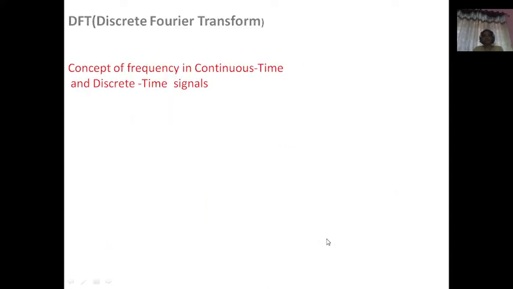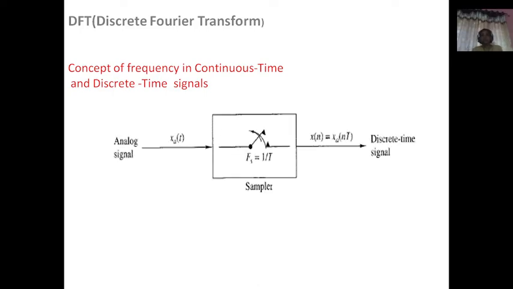In a similar way, for discrete data, we can apply the discrete Fourier transform. The concept of converting a continuous time domain signal to a discrete domain can be obtained by a simple switch.